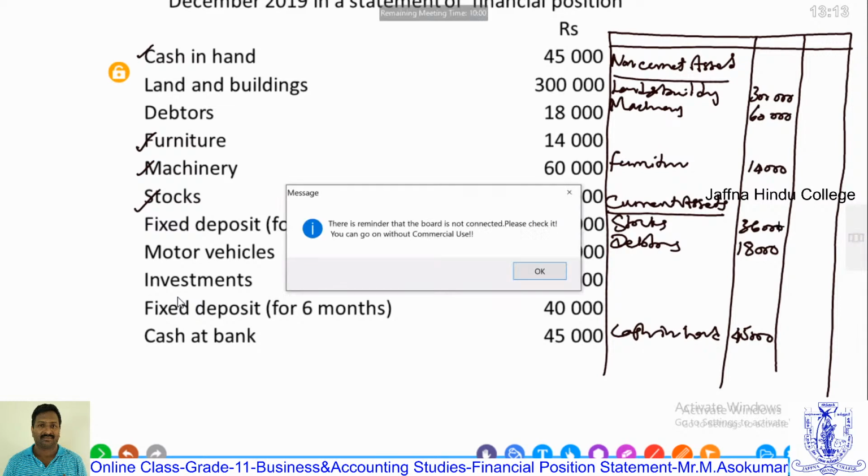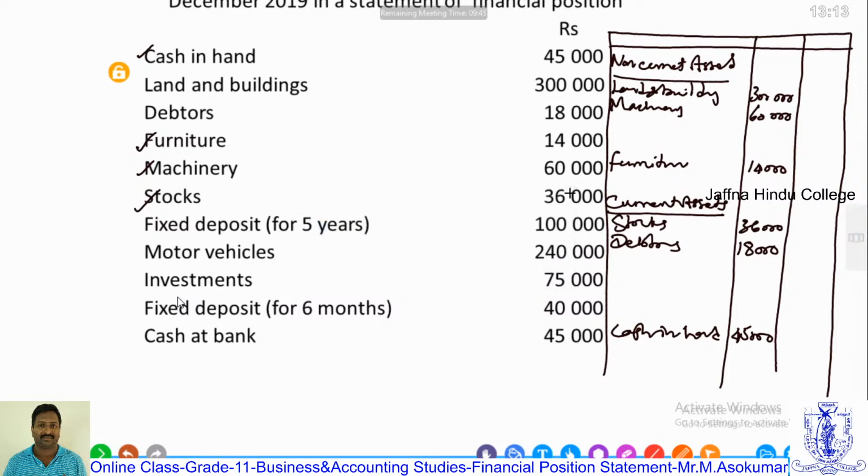Lastly, fixed assets, fixed deposit, rupees 100,000.